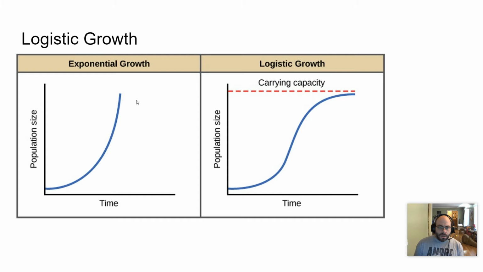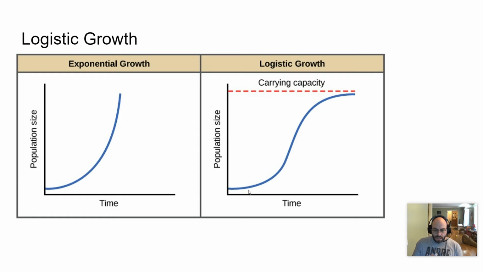When populations grow with these limitations in mind, this is typically called logistic growth. It shows that the population will start to grow quickly and then eventually kind of cap off, or slowly, gradually decline until they reach a straight line where there's no increase or no decrease at all.